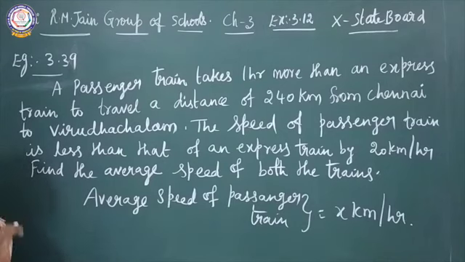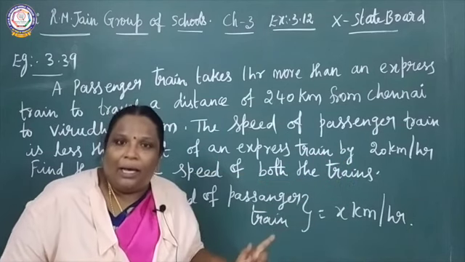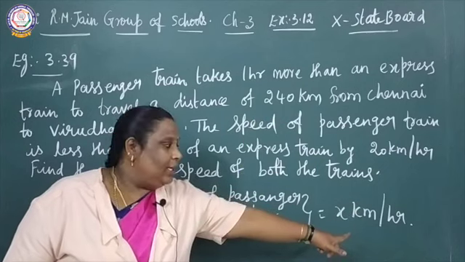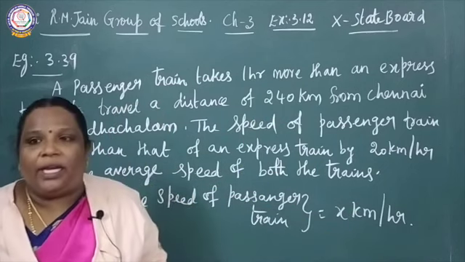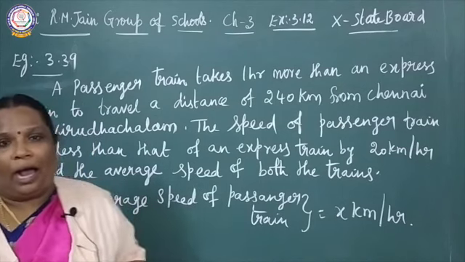The express train is 20 kilometer faster compared to the passenger train. The increase in speed is 20 kilometer per hour.